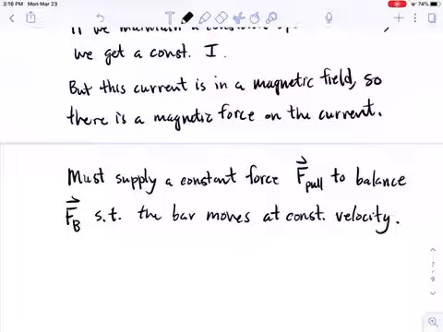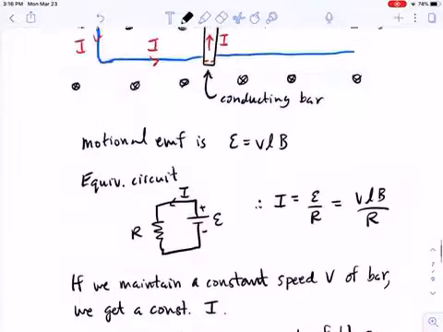So let's actually calculate the magnitude of this magnetic force.